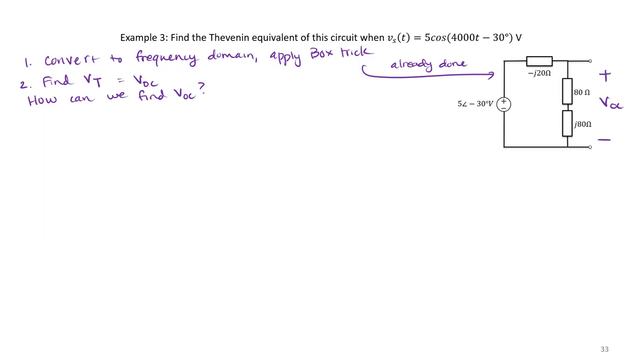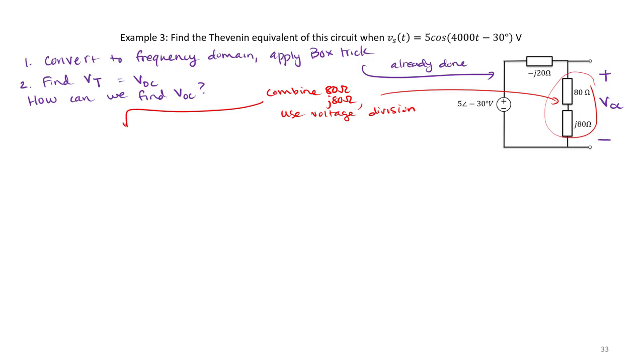In this case, one strategy would be to combine the 80 ohm and j80 ohm resistors and then use voltage division. So if we do that, let's see what we get.